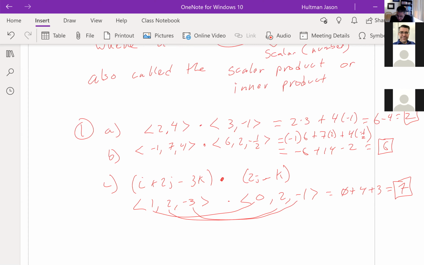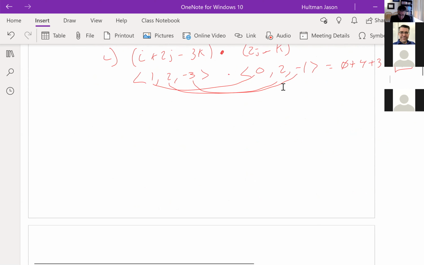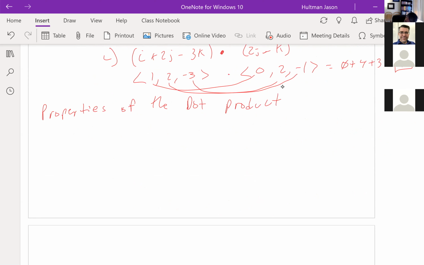Okay, let's look at some properties of the dot product. Properties of the dot product.